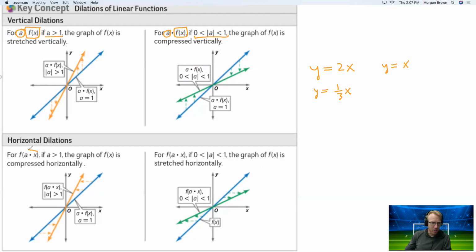So you change the input and you either stretch or shrink that input. If you have an input value that's bigger than 1, then the graph is going to be compressed. So let me show you what I mean. Say you have y equals x, and I change that to y equals 3x.